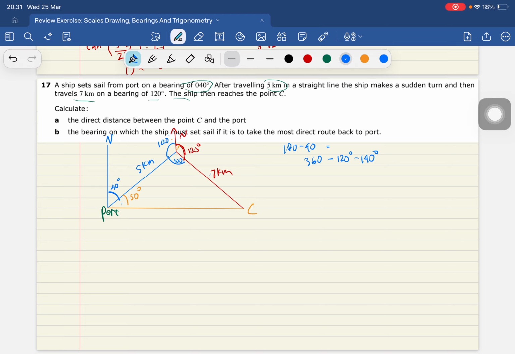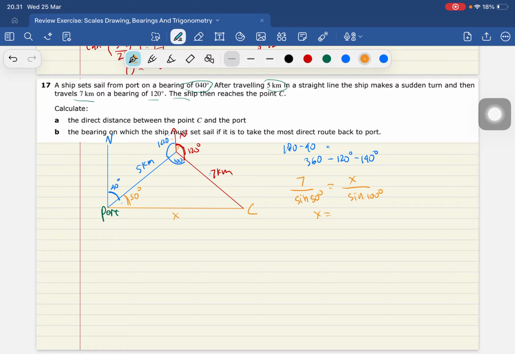So we got the opposite, and we can use the sine rule. The angle and the opposite side: 7 divided by sin of 50 degrees equals x divided by sin of 100 degrees.